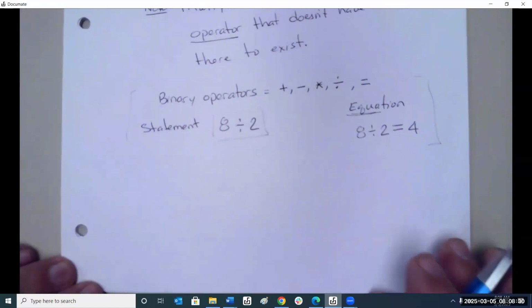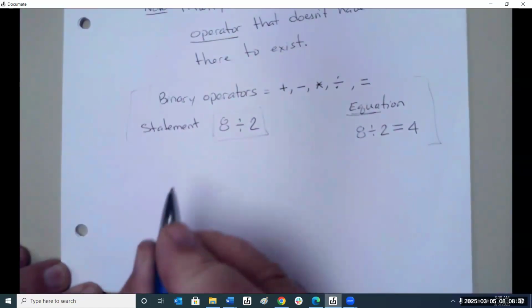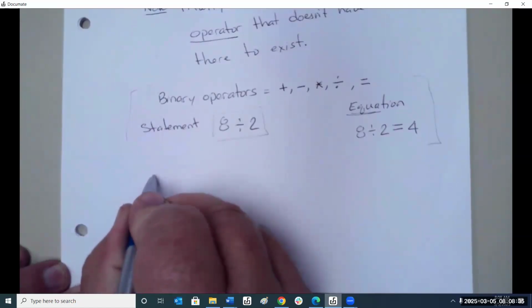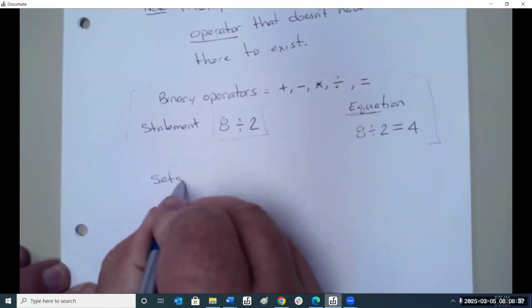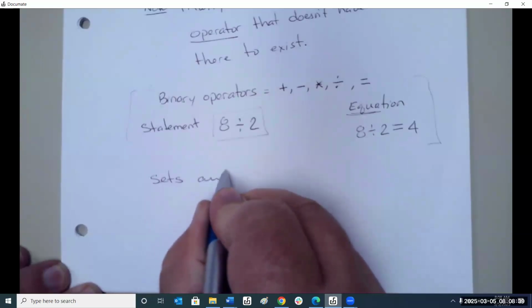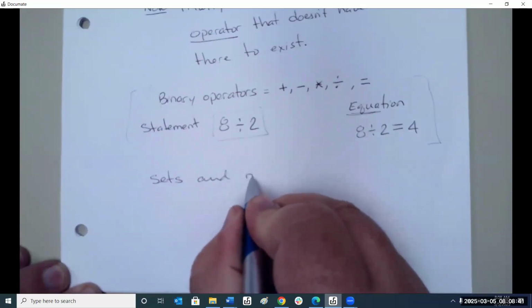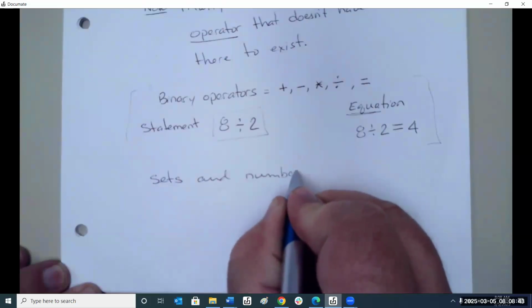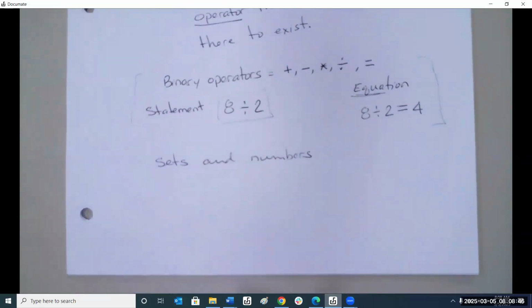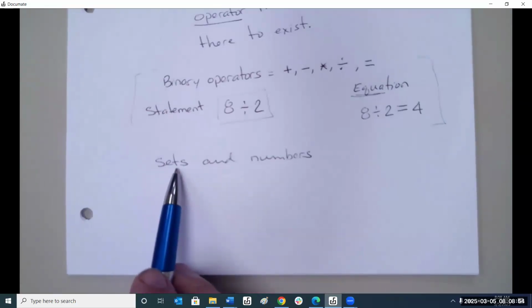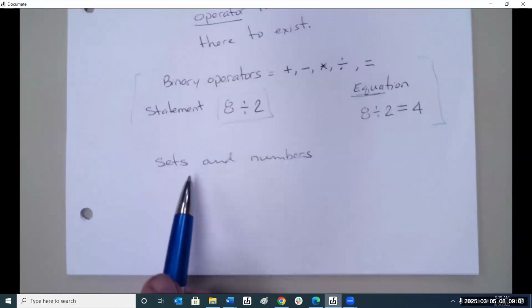Now, the difference between sets and numbers. Remember, when did we talk about sets? What are sets?